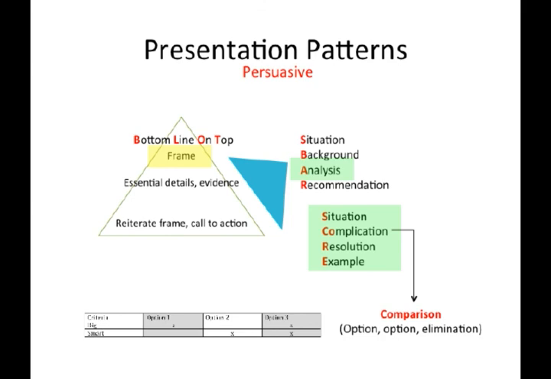For example, say you had several different software solutions that you were looking at for your organization. By putting them next to each other and going through them based on your criteria, you're going through option elimination. So you're walking your audience through the process by which you arrived at your solution. This is key and critical to demonstrating the good work and the research that you have done.